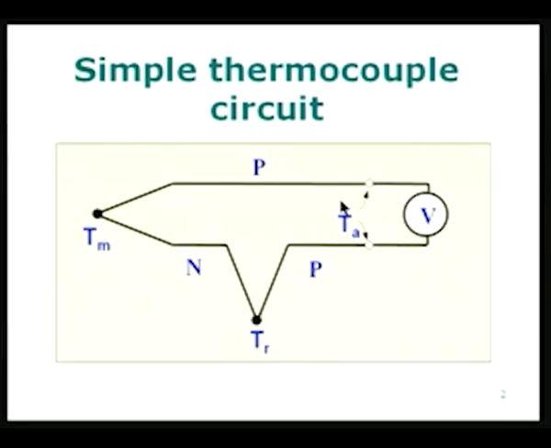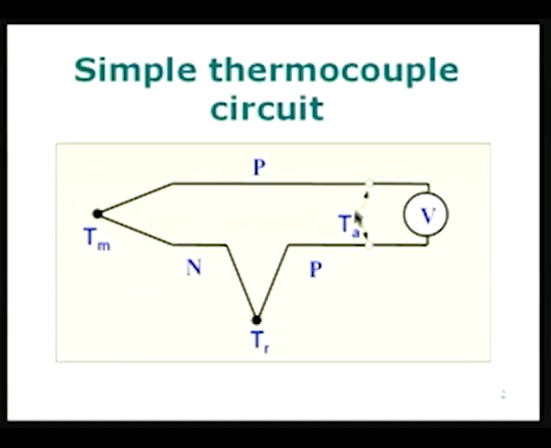So, you see that as soon as we have a connection to the voltmeter, we have 2 extra junctions. In fact, we wanted only the junction at temperature Tm and the junction at temperature Tr, but because of the connection to the voltage measuring instrument, we have 2 more junctions.